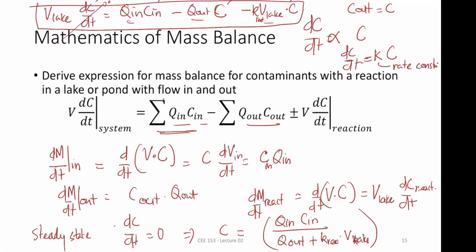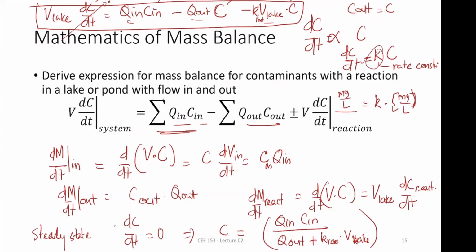That means your things are coming out. And K is the rate constant. What is the unit of the rate constant? Think of dimensional analysis. Concentration, let's say milligram per liter, that's my unit. So K times concentration, milligram per liter, is the numerator, and the denominator is time.